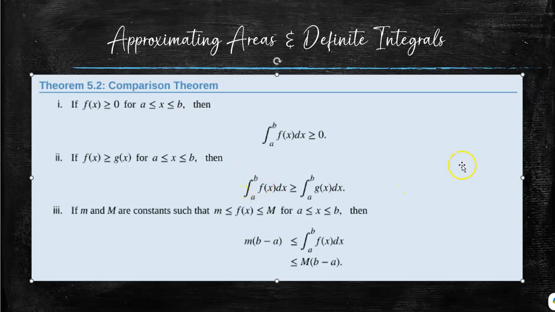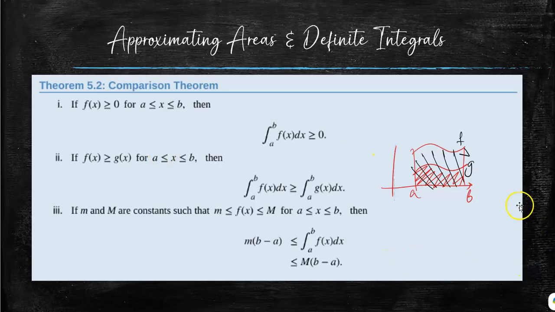So if you have two functions, g and f, and we consider both of them on the same interval, if this is integral of g and this is integral of f, then you can see that integral of f is greater than integral of g. Why? Because f is greater than g, so the area must be greater.